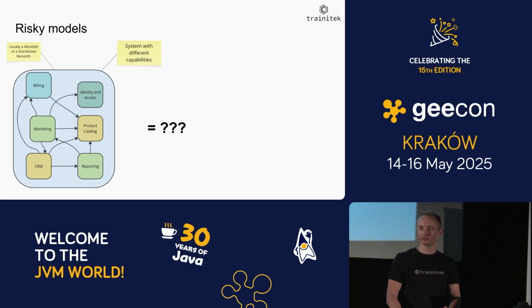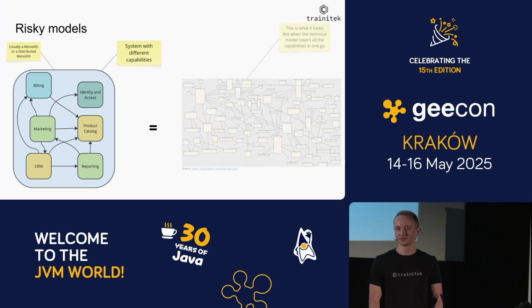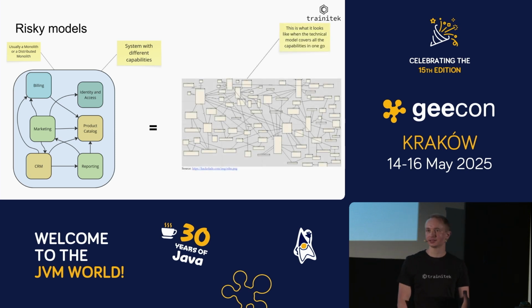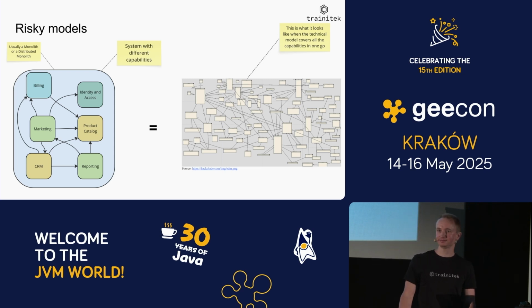And what kind of model do you usually have in your database? Usually it looks like so, right? It's just hundreds of tables, maybe thousands of tables, trying to address all the business capabilities in one go. As a result, it's hard to work with this model.